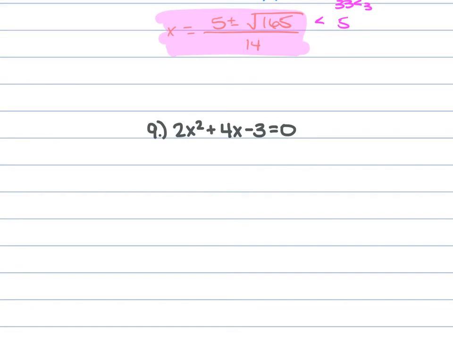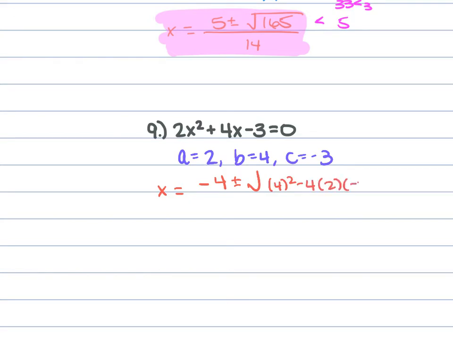For 9, we have 2x squared plus 4x minus 3 is equal to 0. With this one, I'm going to use my quadratic formula. So a is 2, b is 4, c is negative 3. So x is equal to negative 4 plus or minus the square root of 4 squared minus 4 times 2 times negative 3 all over 2 times 4.